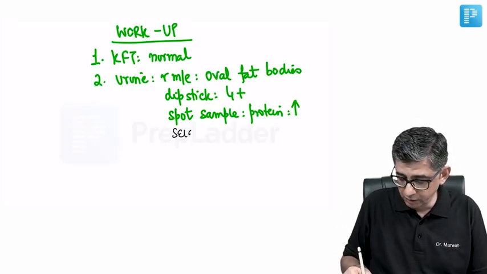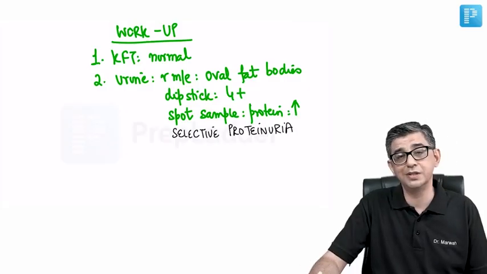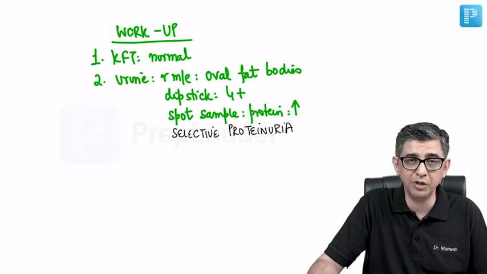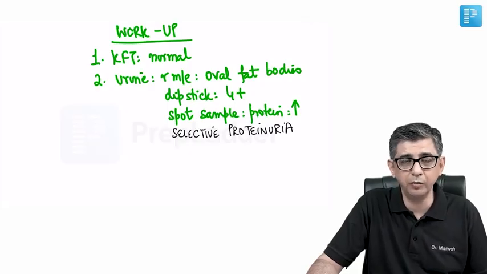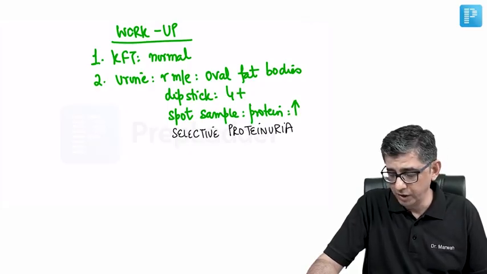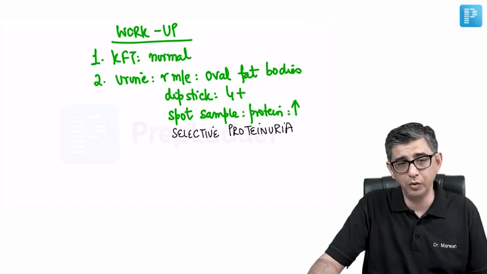Because it is a low molecular weight protein, the term used will be selective proteinuria. When it comes to MGN, membranous glomerulopathy, which was discussed prior to this, we read in pathology non-selective proteinuria, because both low molecular weight and high molecular weight proteins would be lost. But in patients of minimal change disease, it's mainly a selective proteinuria.